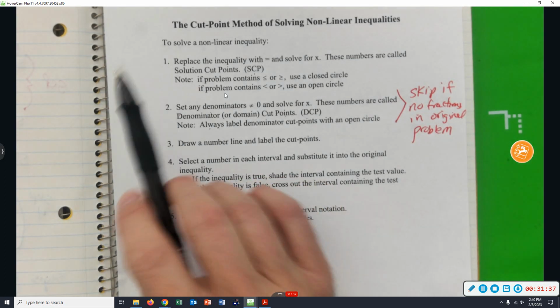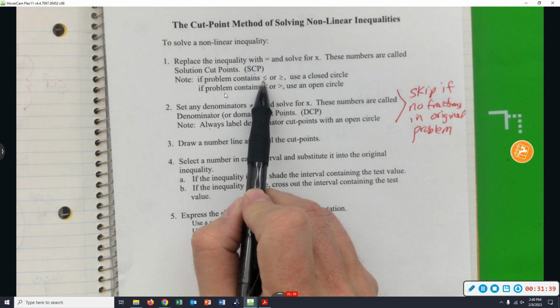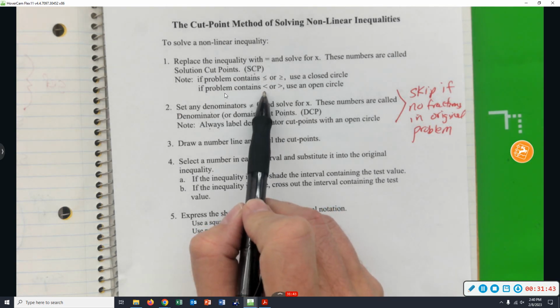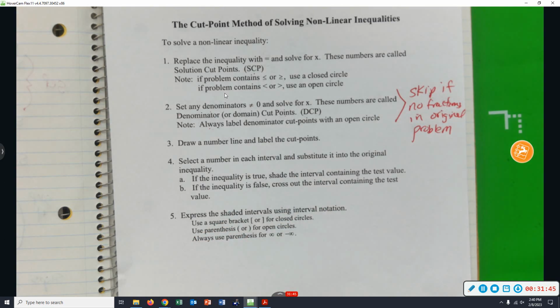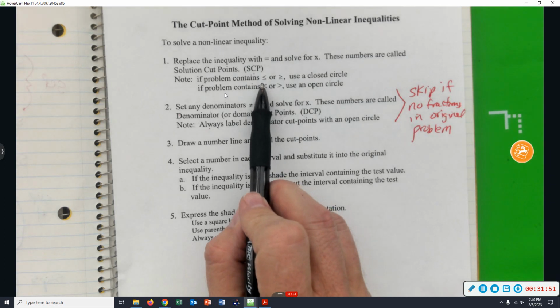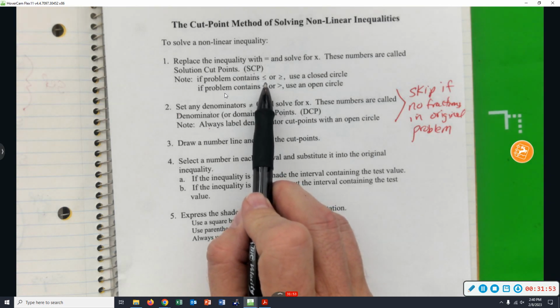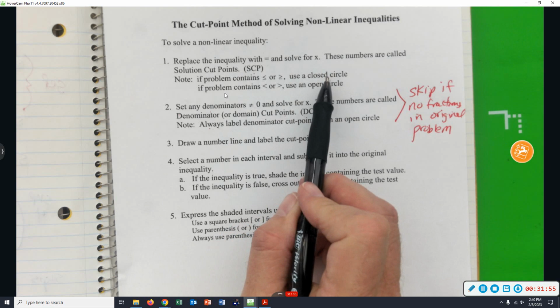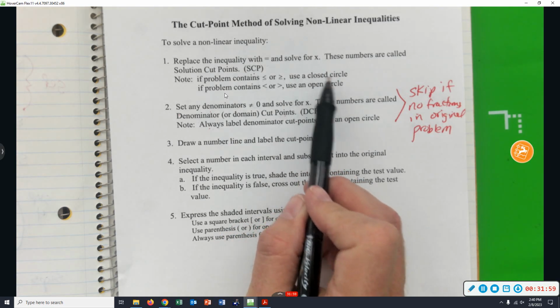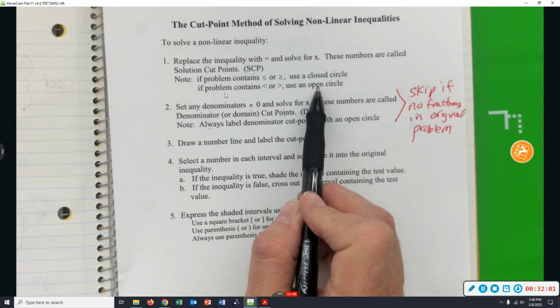But anyway, if you're going to write these symbols, less than or equal to, greater than or equal to, less than, greater than, which ones take more ink? The one that has the equal sign takes more ink to write. What about the circles? Which circle takes more ink, the closed circle or the open circle?